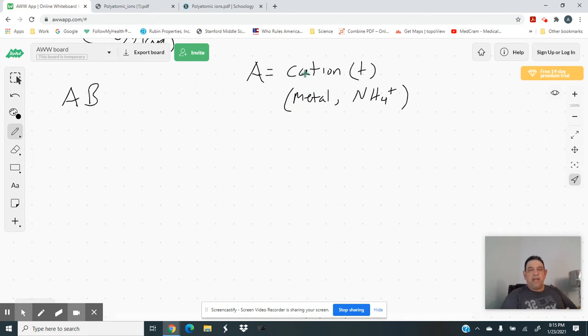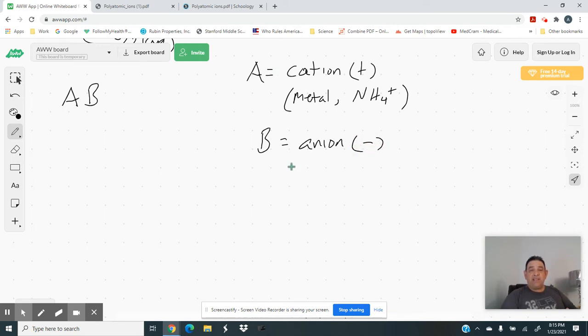That's what ends up being the A substance. We always write the cation first in our formulas. The B is going to be the anion, and that's your negative ion.